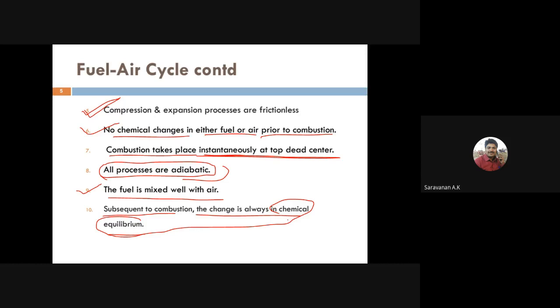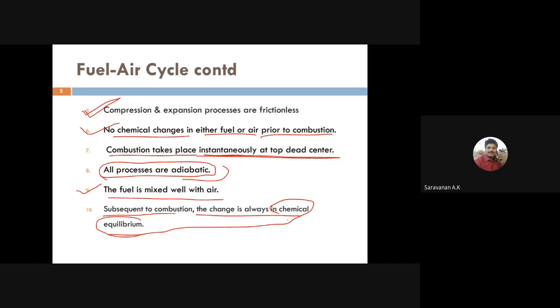In the actual cycle, the thermal efficiency of a petrol engine for the compression ratio of 7:1 is 15%, but in the air standard cycle, we get 54% efficiency for the same compression ratio of 7:1, right?